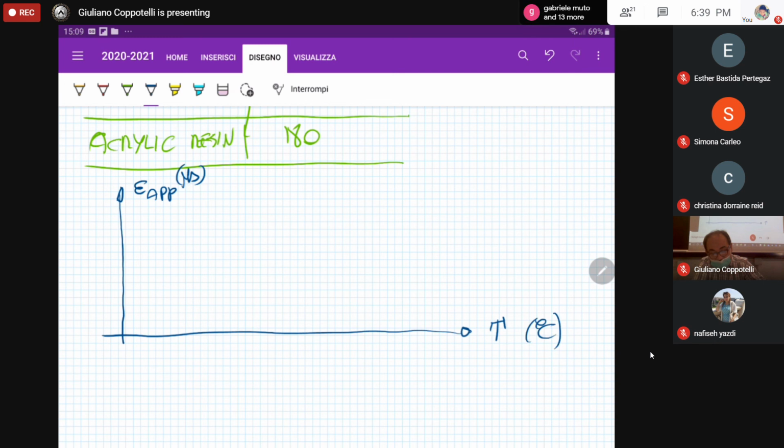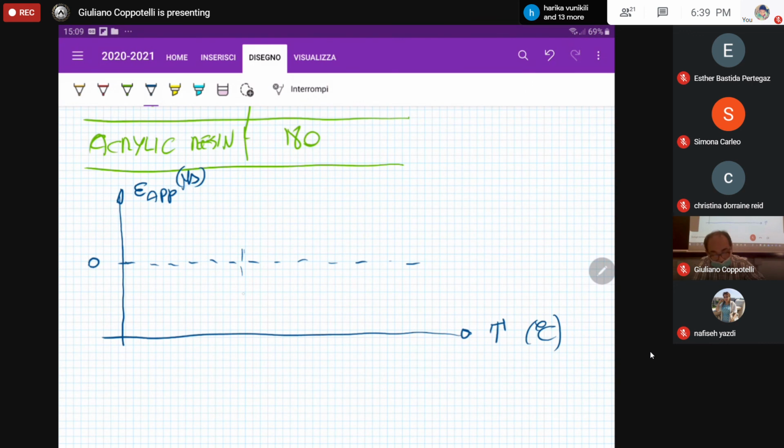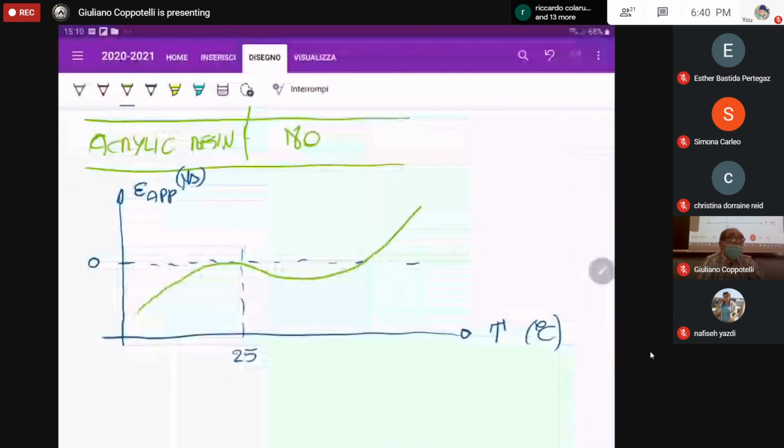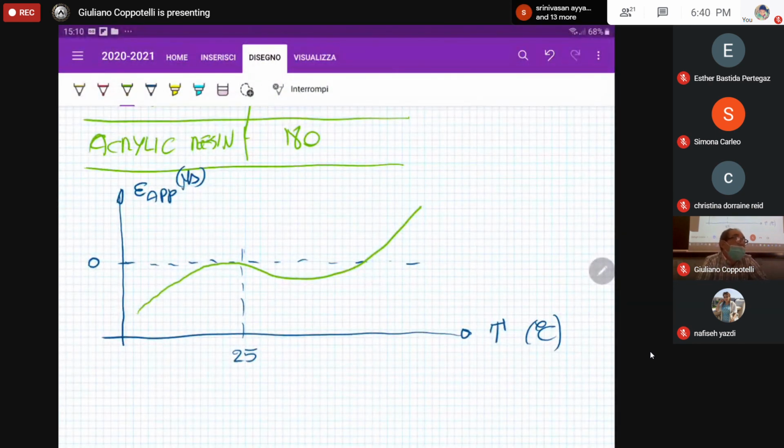For example, we are having 0 here, once again 25 degrees. So what you're having is something, for example, like this. That is the trend, the typical value in a prescribed frequency range.